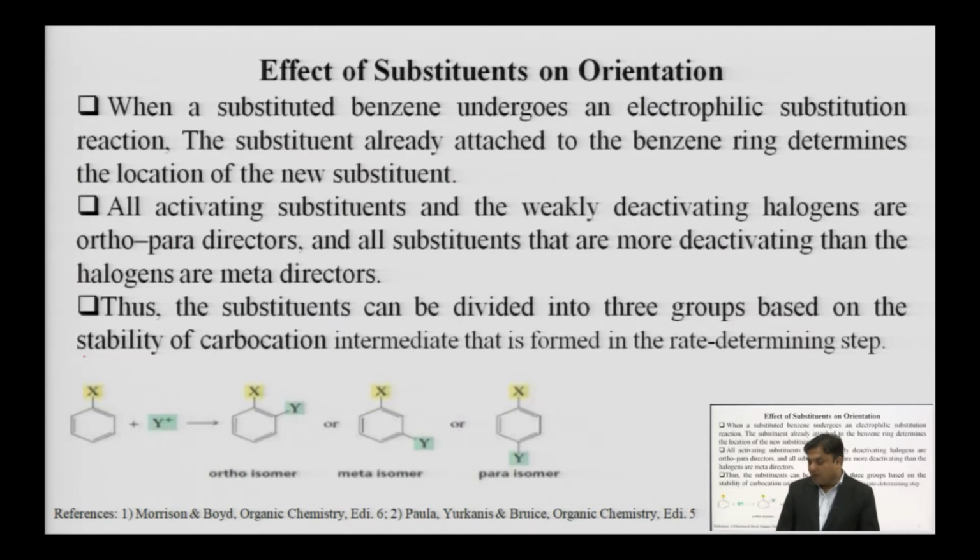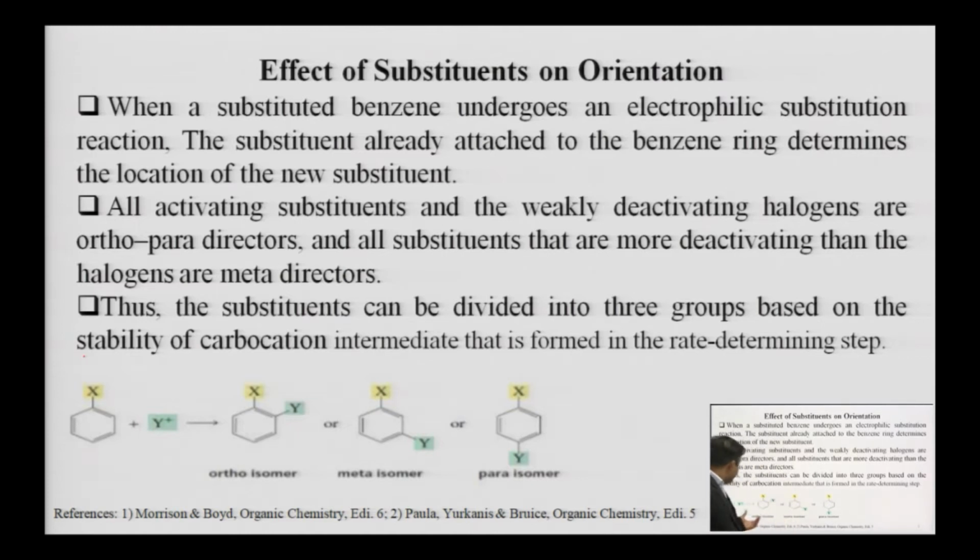We all know that electrophilic substitution reaction takes place in two steps. In the first, formation of sigma complex or arenium ions or carbocations will occur. In the second step, hydrogen will get abstracted from the benzene. So, just see the slide.